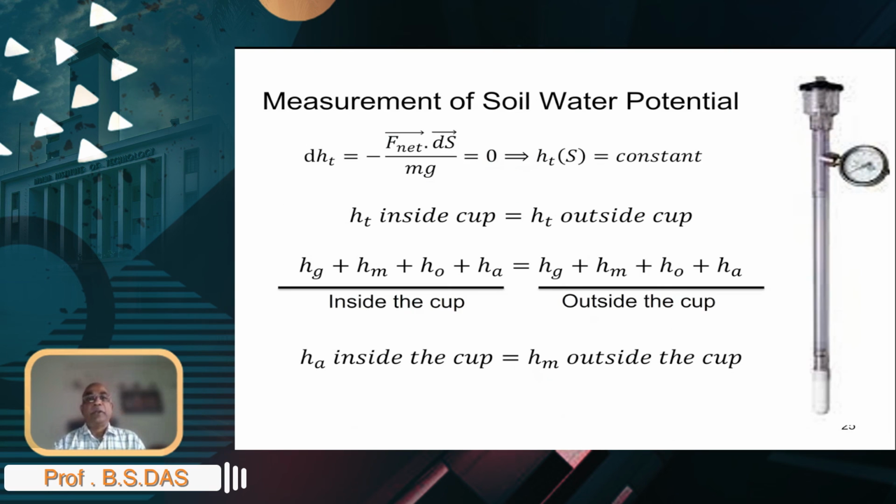So we understood how these hydrostatic equilibriums work, and they give rise to this unique relationship between water retention behavior and the energy content of the soil water potentials. So how do we measure the soil water potential?